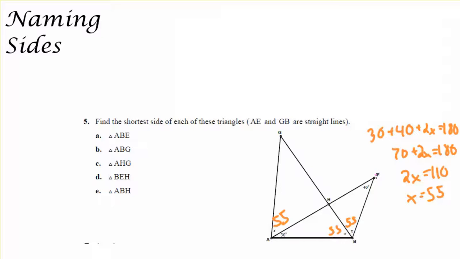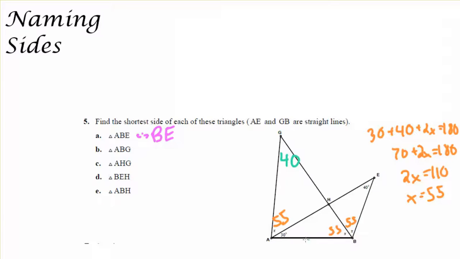I want to start off by trying to find the shortest side of ABE. What's the smallest angle in ABE? It's going to be angle A, so BE is the shortest side. Now I go to ABG, this very large angle here. I know what my angles are here, 85 and 55, so angle G must be 40.